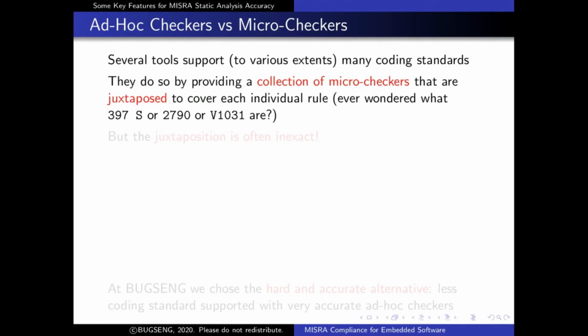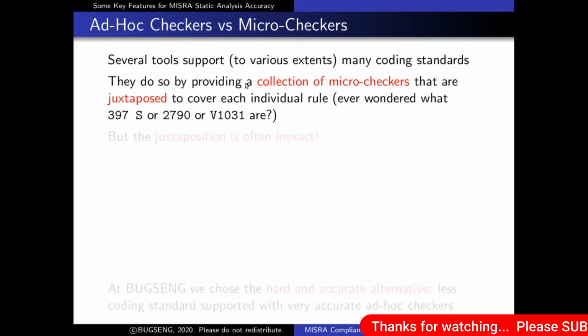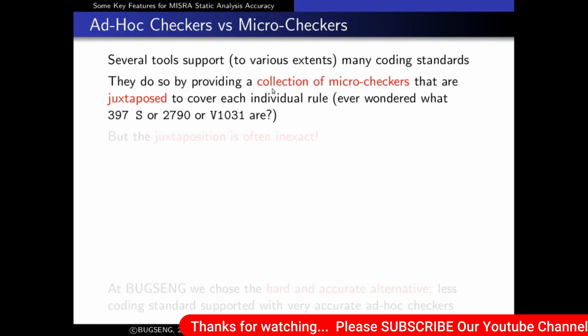They do it by, in fact, providing a collection of microcheckers that are juxtaposed to cover each individual rule. If you use one such tool, you will have seen cryptic identifiers like 397S or 2790 or V1031. What are these? These are the identifiers for the microcheckers.